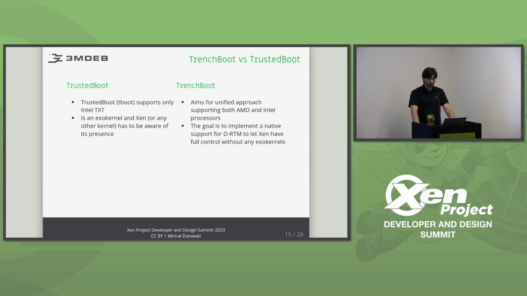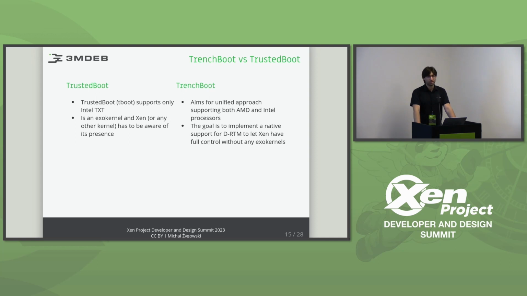So, a little bit of recap of what we have now regarding DRTM and Xen. Currently the available implementation is tboot. It is a reference implementation from Intel for their DRTM technology called Intel Trusted Execution Technology. But as it is only Intel, there is no AMD support, of course. So that is one drawback of tboot compared to TrenchBoot.